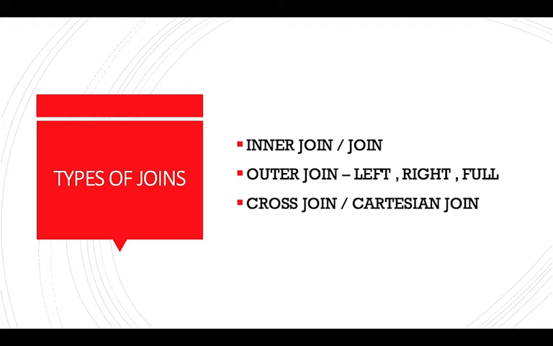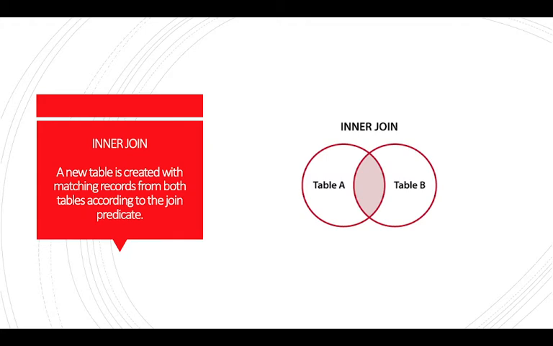Alright. So let us first understand them with some basic definitions. Let's see if we are able to understand a bit from that. After that we'll jump on to the examples. So first we have our inner join. In inner join, what happens is a new table is created with matching records from both the tables.